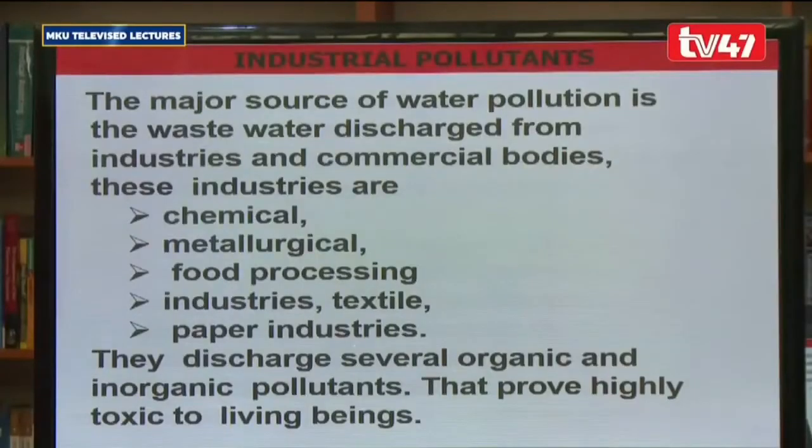Now, looking at industrial pollutants, these are pollutants derived from industries, and they take the form of chemicals. The major industries that produce pollutants include chemical industries, metallurgical industries, those that deal with metals, food processing industries, textiles, and paper industries, where they use different components.